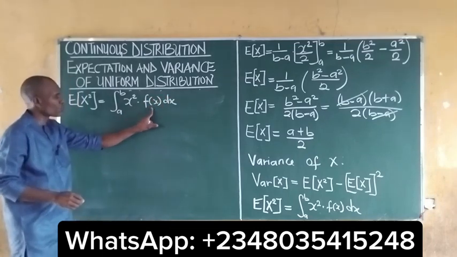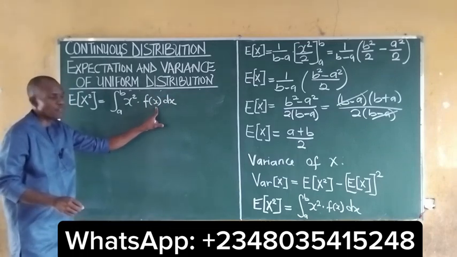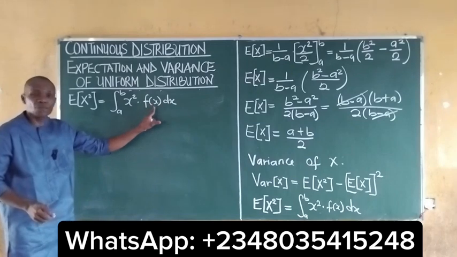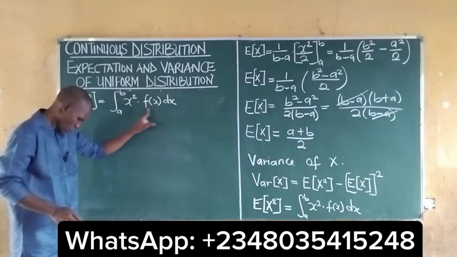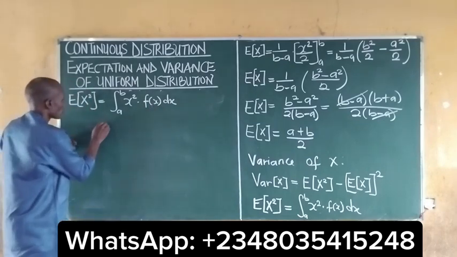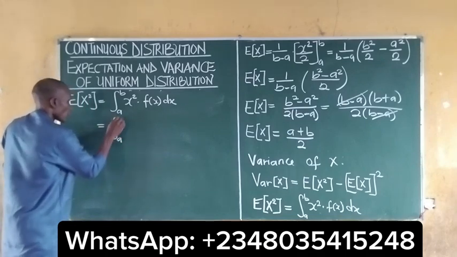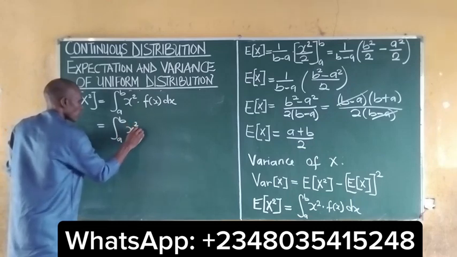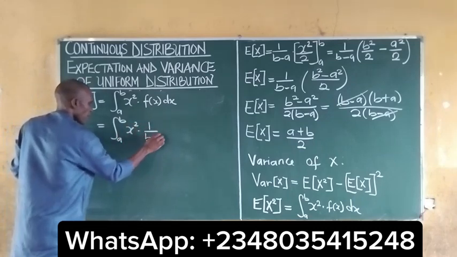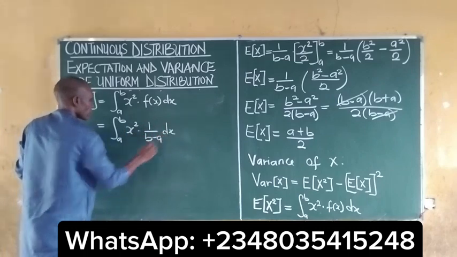So all we need to do is to still put the uniform distribution here. So this is the PDF of the uniform distribution. So what we need to do is to include x squared multiplied by 1 all over b minus a dx.